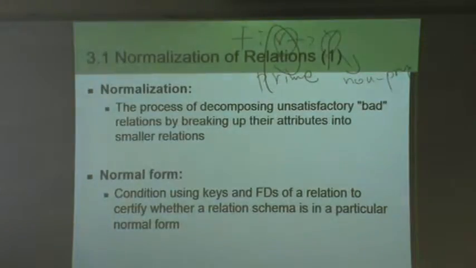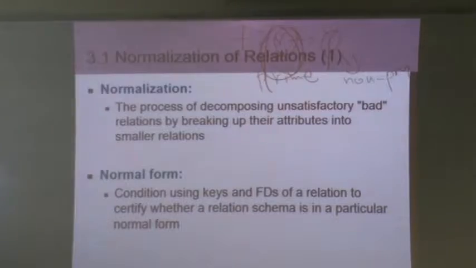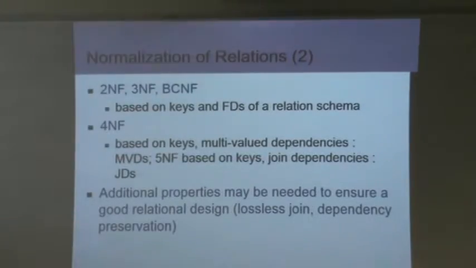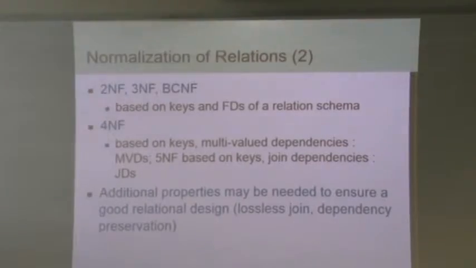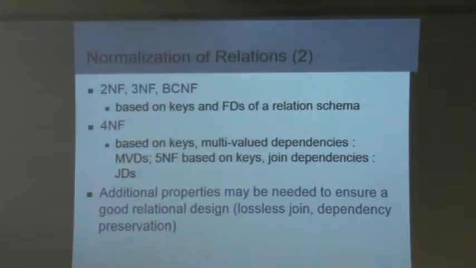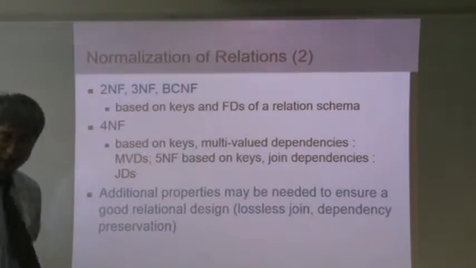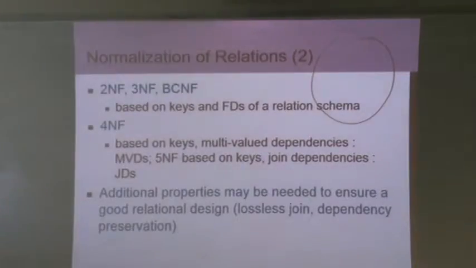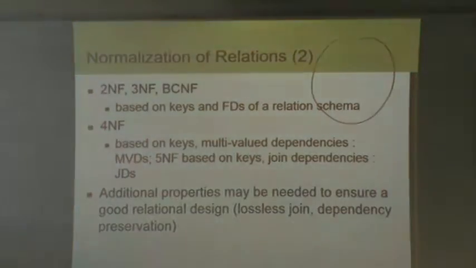So the normalization process will use prime attributes and functional dependencies. We will see how we can do that. There are steps: first, second, third, BCNF. You can understand it this way. This is a bag of the information.